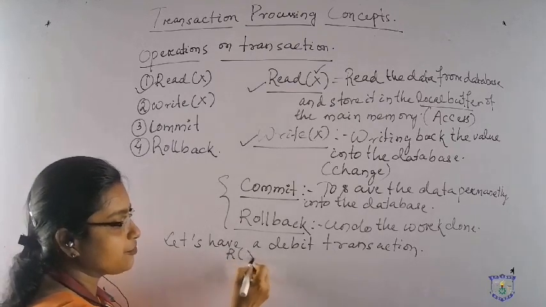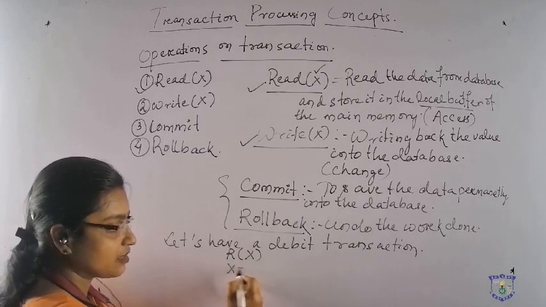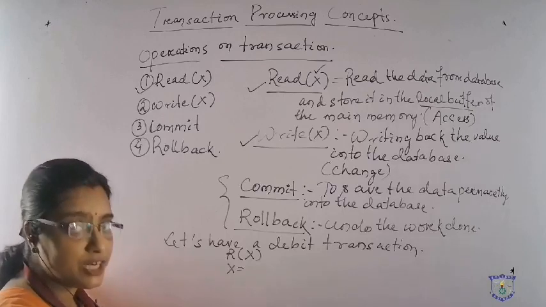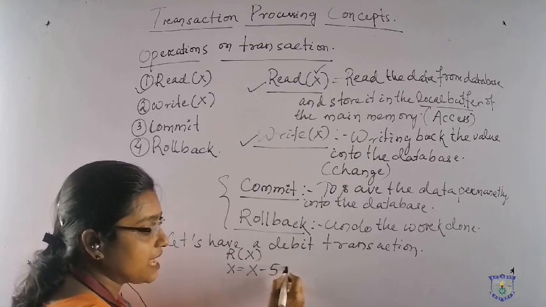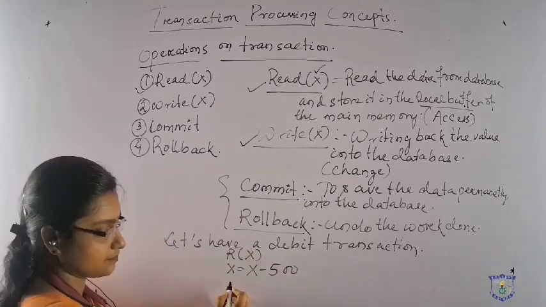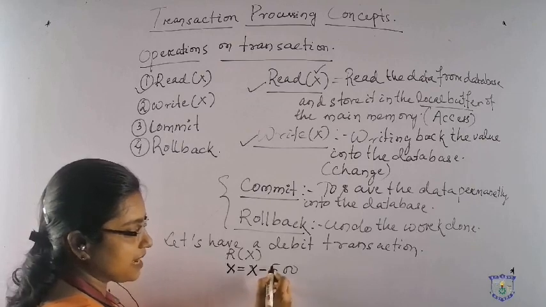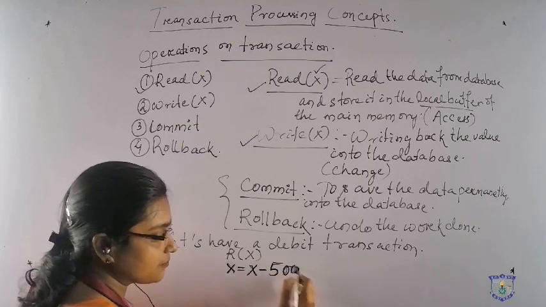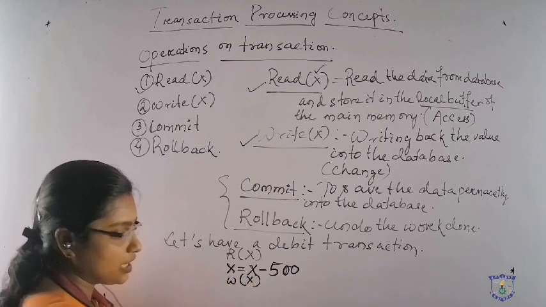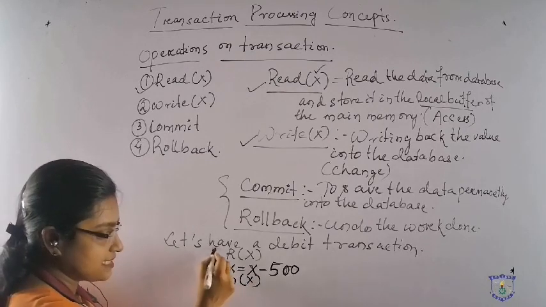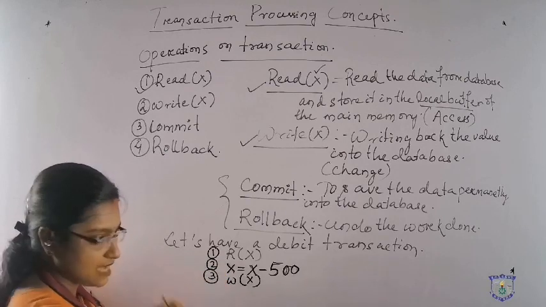Suppose we have to read the value of X. Next, whatever amount you want to deduct will be deducted. Suppose X will be X minus 500. X = X - 500. And finally, we will write the modified X. So this is step 1, this is step 2 and this one is step 3.